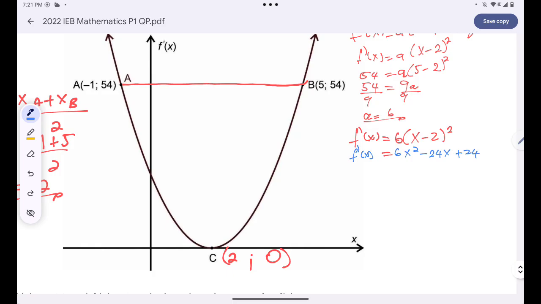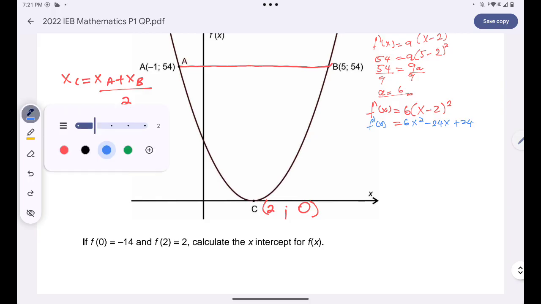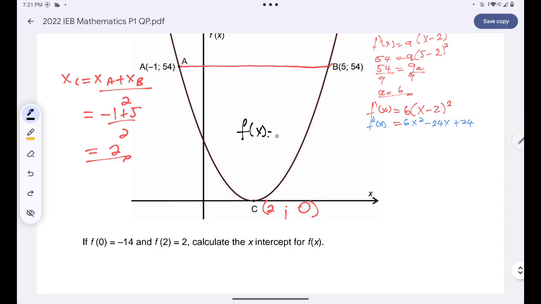However, I do know that the original function f of x is equal to ax cubed plus bx squared plus cx minus 14.